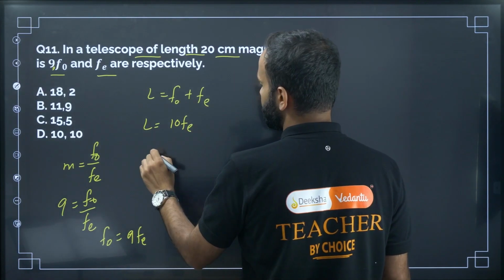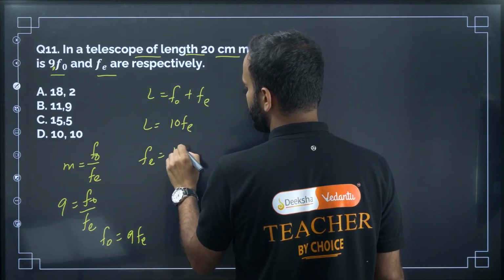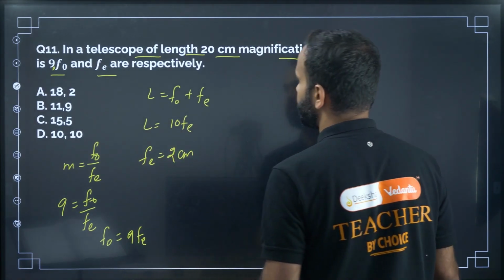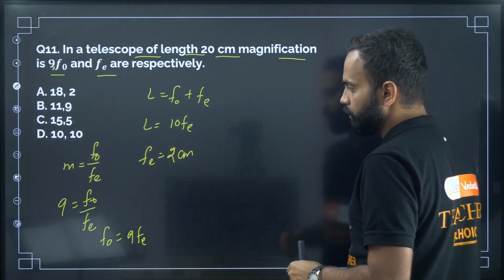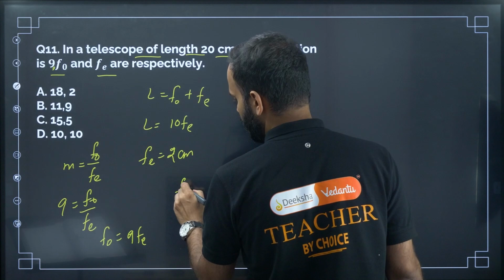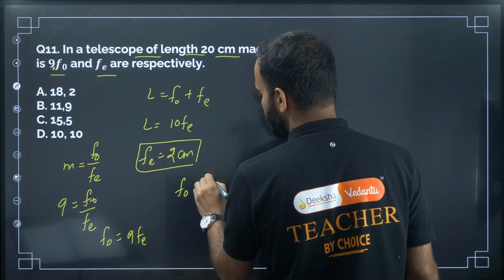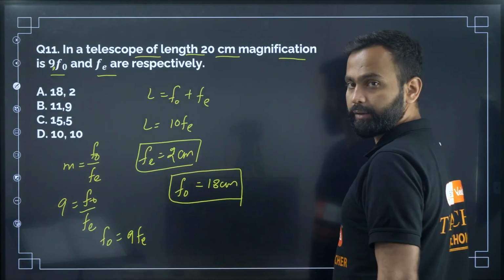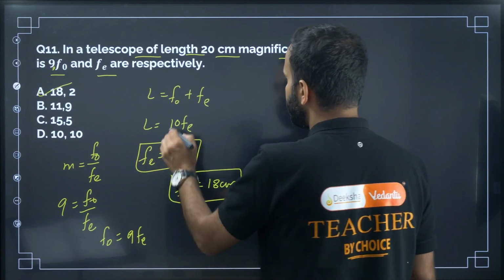L is 20 centimeter, so FE is equal to 20 by 10, that is 2 centimeter. We got the value of FE. Let us find FO. FO is equal to 9 into 2, 18 centimeter. FO is 18 centimeter, FE is 2 centimeter. So the correct option is A, in centimeter.